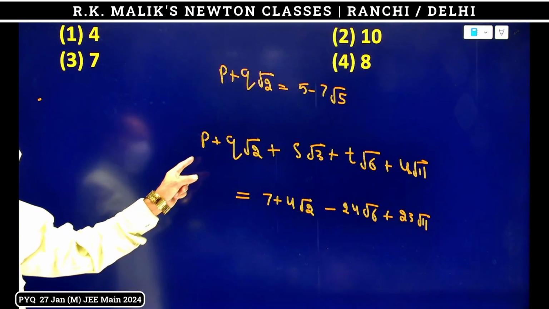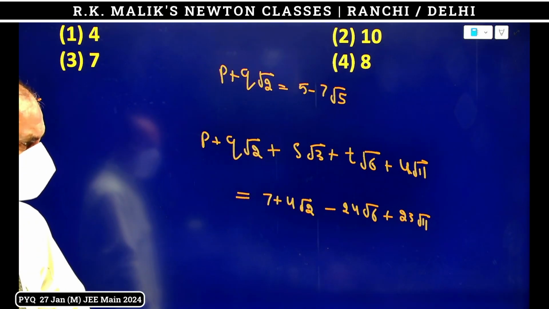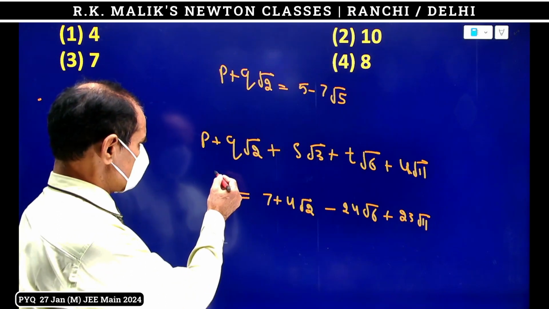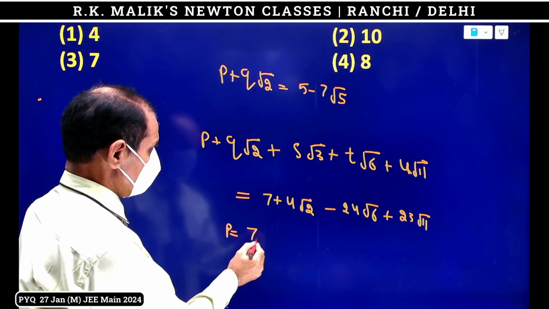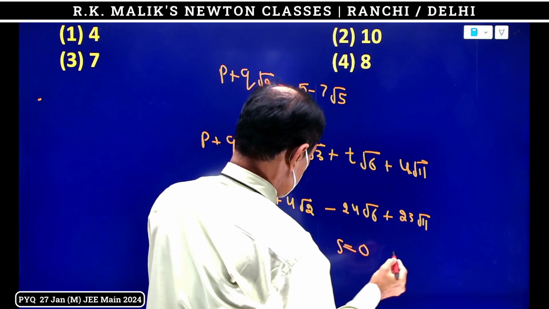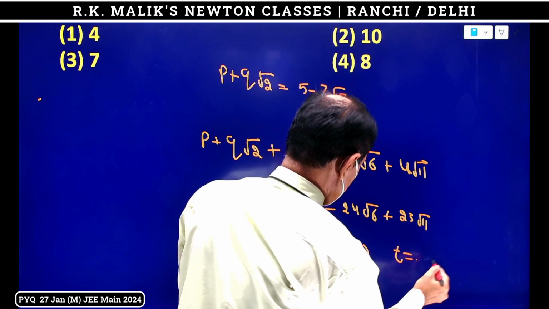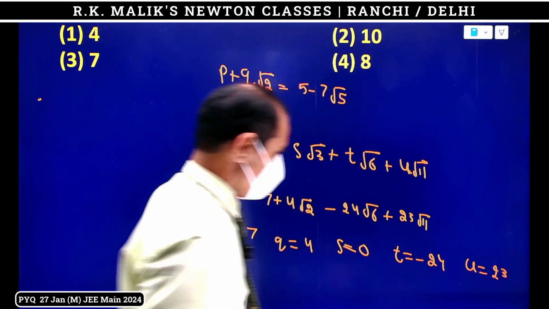If it is given that p, q, s, t, u all the five are rational numbers, then I can compare coefficients. That is, I can say that p will be equal to 7, q will be equal to 4, s will be 0, t will be minus 24 and u equal to 23.